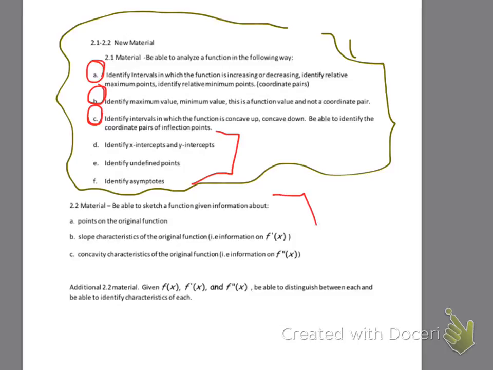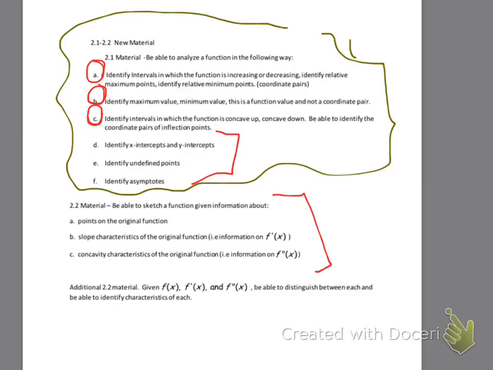In 2-2, be able to give me a sketch if I give you some characteristics. So if I give you some points and I tell you about the slope or about the second derivative, which is the concavity, you should be able to get me a sketch. So look at your notes, be able to do that.